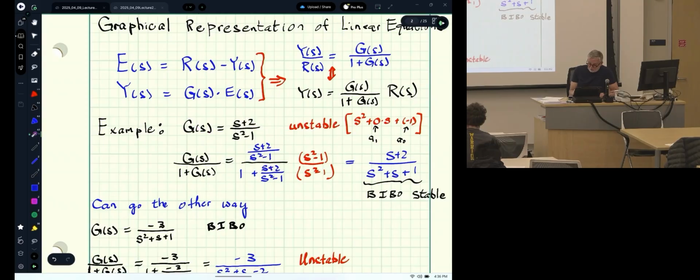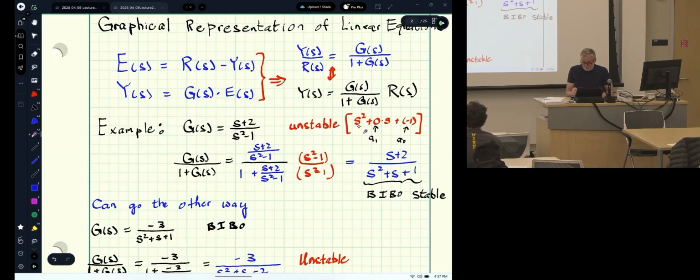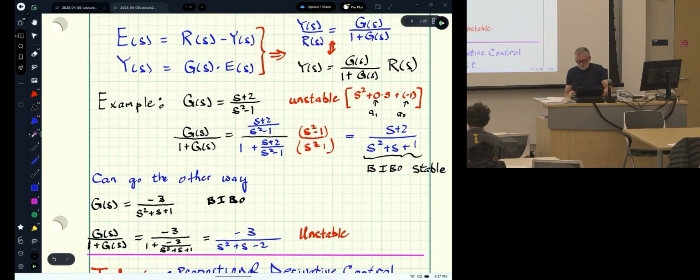And in this particular example, we can tell that it's unstable by the simplified stability test, because this means s squared plus 0 times s, there's no s there, and minus 1. So it fails A1 and A0 being positive. It's doubly unstable. It failed both conditions. No such thing as doubly unstable, but you get what I mean. We only needed one of those to be not positive for it to fail the BIBO stability condition.